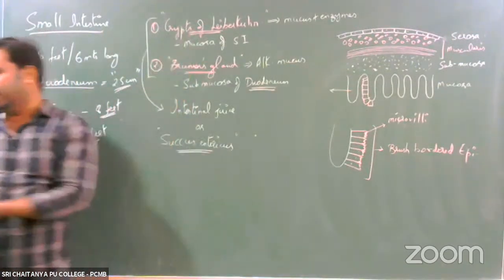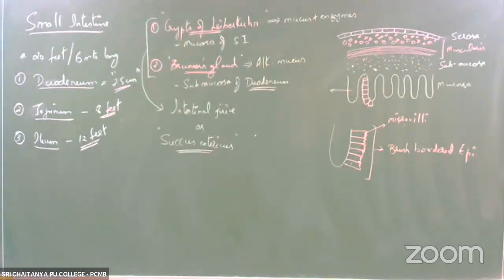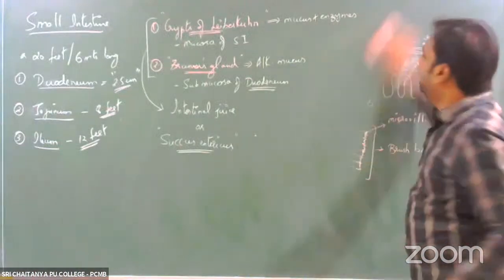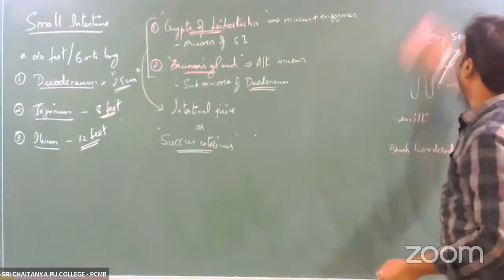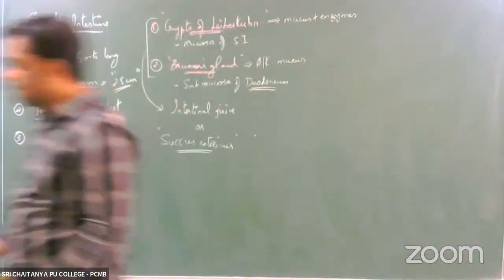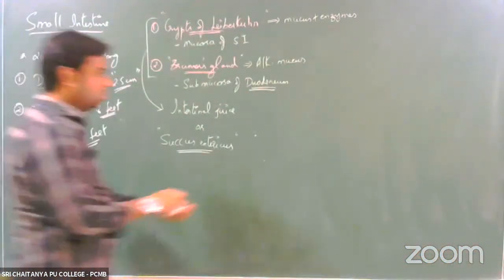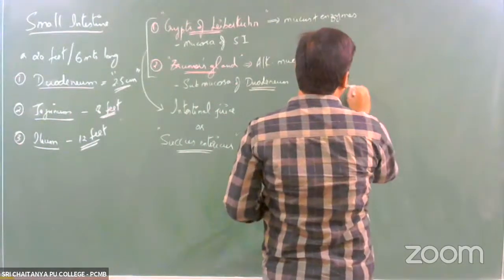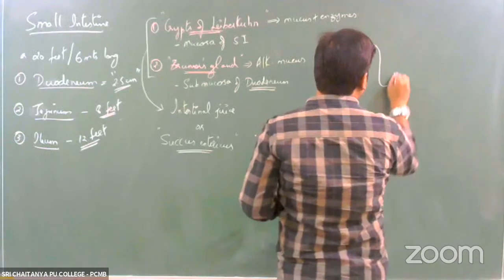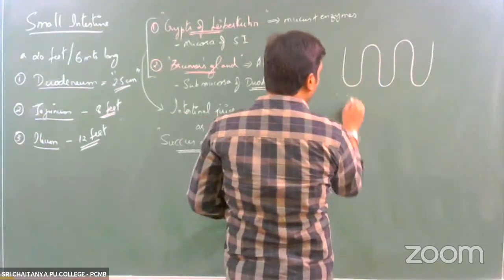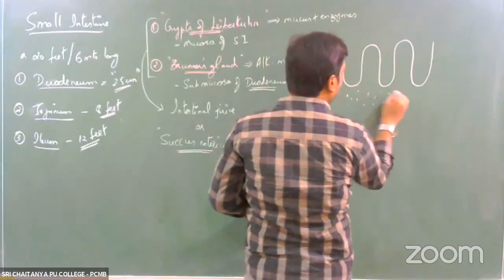Now, let us get into the exact location where these two glands are present, the crypts of Lieberkühn as well as the Brunner's gland. So let us see where exactly they are present. For that, I'm just enlarging the structure of the mucosa and the submucosa. Here, let me put this to be the mucosa part, and here we would have the submucosa region.